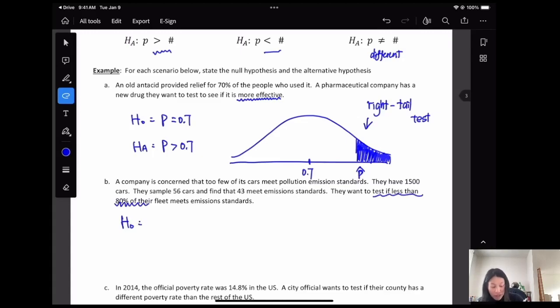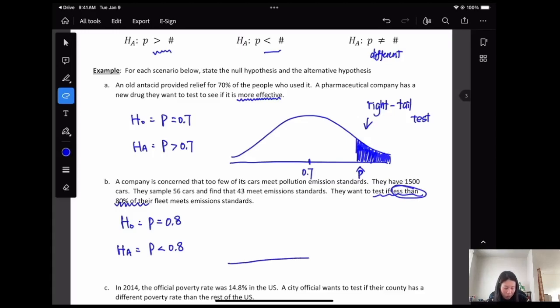So the current value right now is 80%, and what we want to prove is if the probability is less than 0.8, because the keyword is less than.